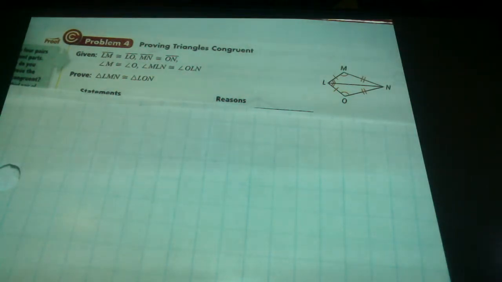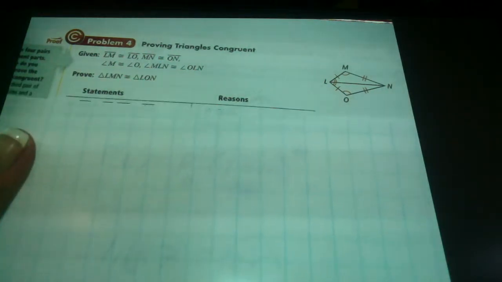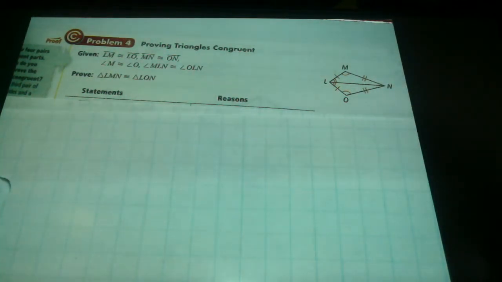So here's our proof, and we may or may not do the proof exactly as the book does it, because there's more than one way to do a proof. So I want you to copy the given, the prove, and the picture. So copy all of that down.